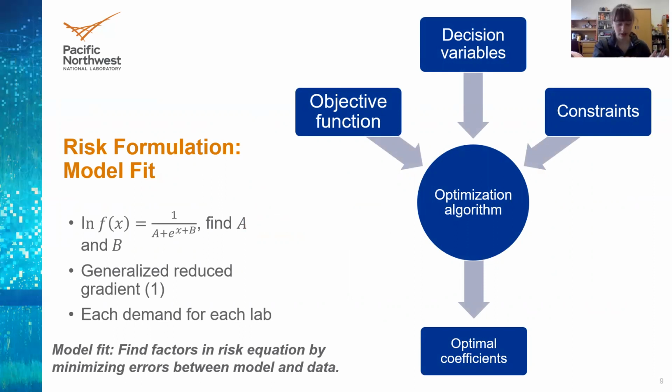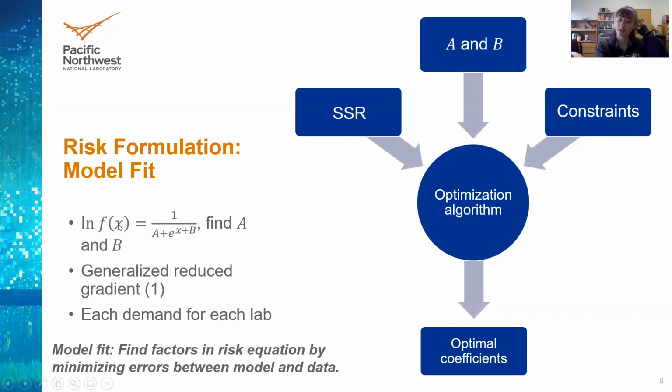The way Solver worked in this case was the objective function was a sum of squared residuals, which just quantifies how different the model is from the data. So we wanted to make that as small as possible because we wanted the model to fit as closely to the data as possible. Then the decision variables were a and b in this function f of x, because the simulation data was determined to have a functional form of a reverse sigmoid curve.